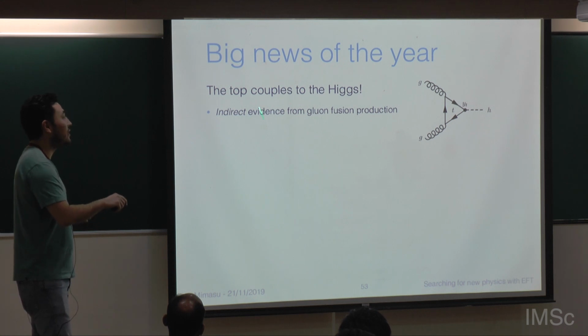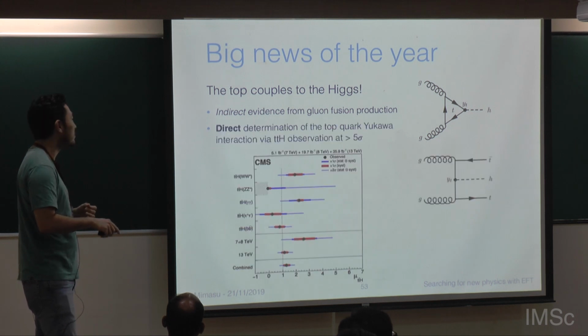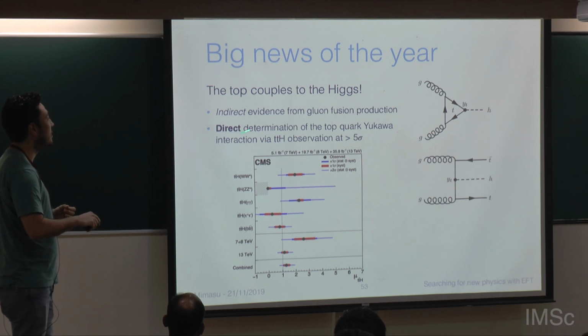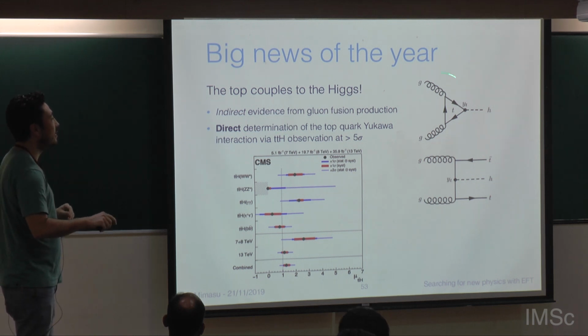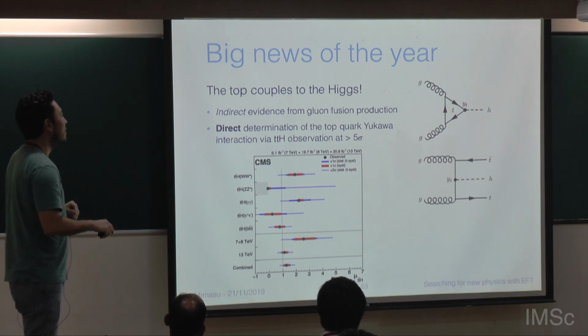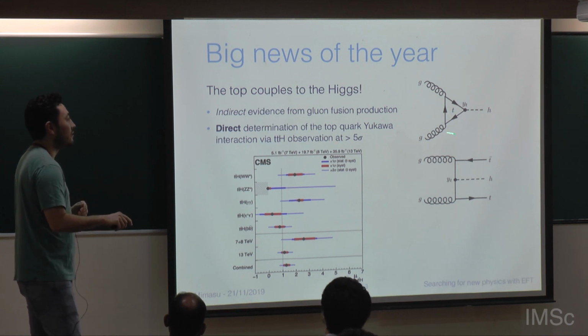So the top definitely now couples to the Higgs, and we can say we had indirect evidence from that before, from processes like gluon fusion, but really the direct determination of the top Yukawa via ttH at greater than 5 sigma is a landmark moment, which, as I will show you later on, is extremely important for understanding the couplings between the top, the Higgs and the gluon.